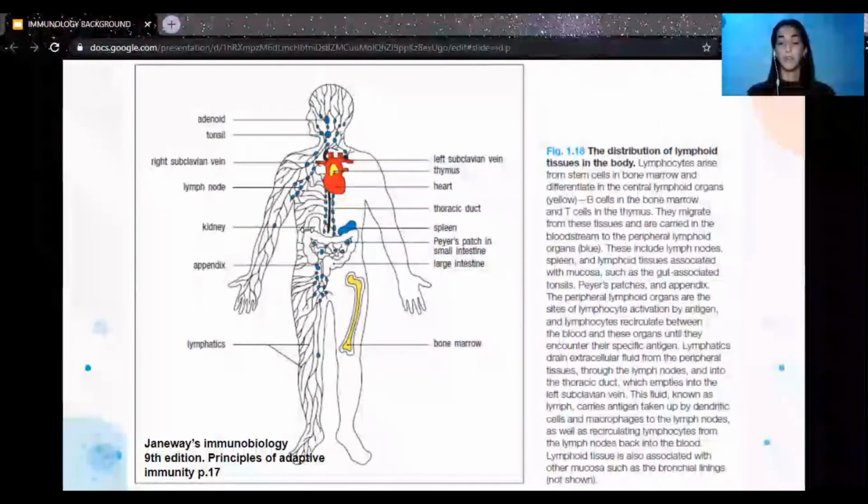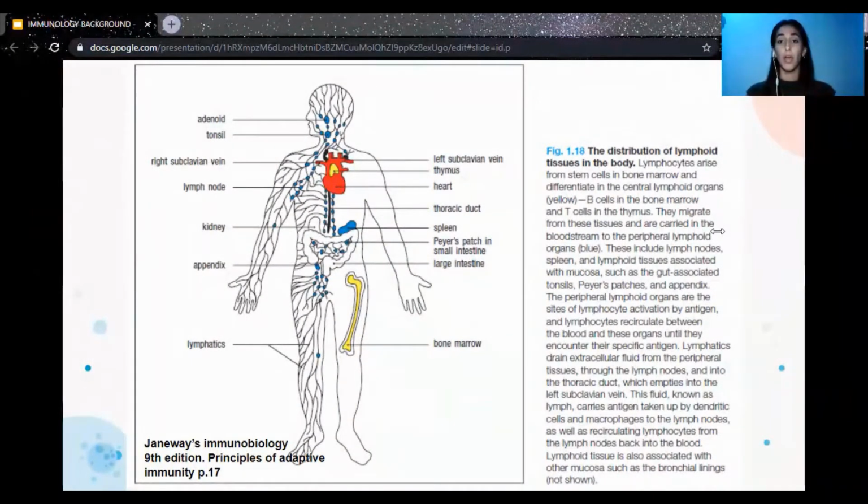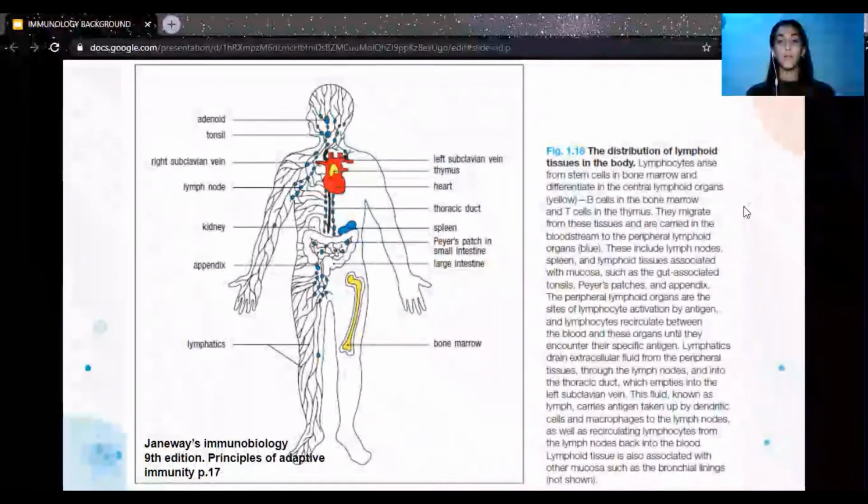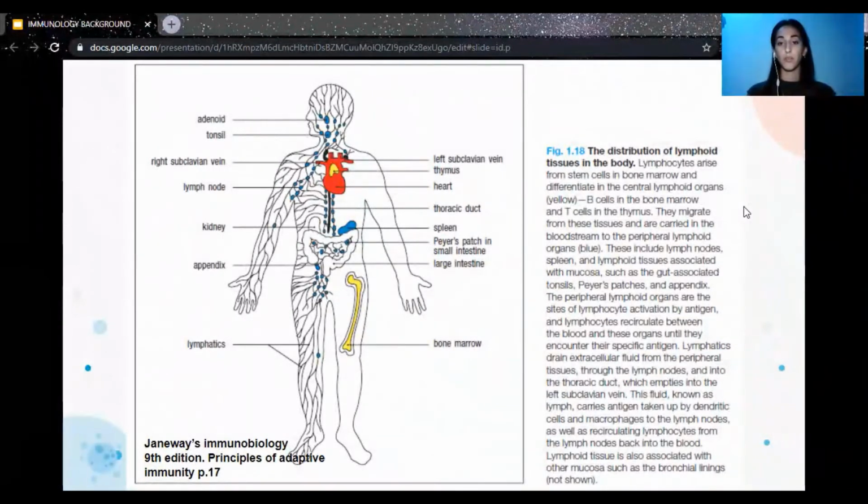And also we have something that we call MALT, M-A-L-T, which is mucosa-associated lymphoid tissue, a diffuse system of small concentrations of lymphoid tissue found in various submucosal membrane sites of the body, such as the gastrointestinal tract, respiratory system, and more.